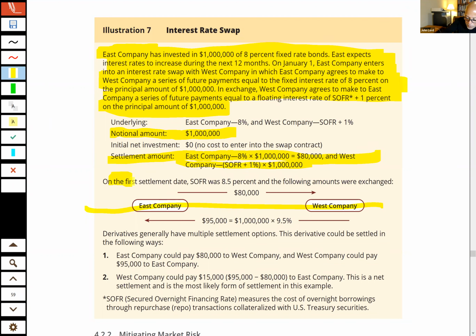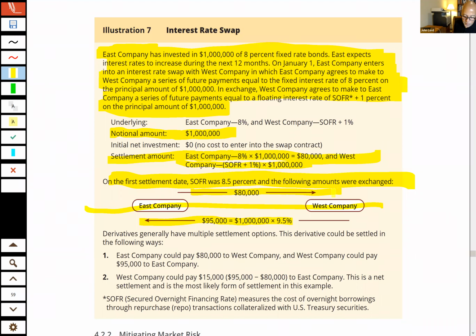And on the first settlement date, SOFR was 8.5%, so we have to add 1 to that. So that means that West Company has to pay to East Company 95,000, and of course, East will give West the fixed amount of 80,000, and so East Company protected itself by entering into this interest rate swap.